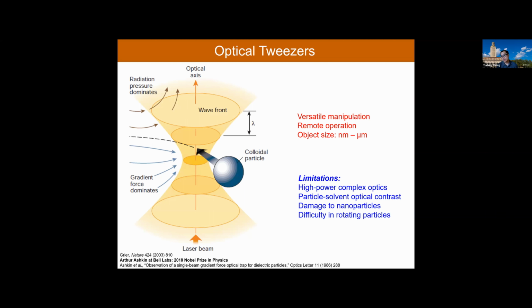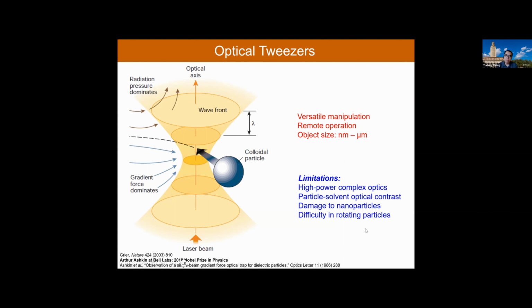Also, because of the nature of this force, the particle we are going to trap or manipulate needs a good contrast in optical properties with the surrounding media, typically a solvent for biological study. Because of the high power, it can cause damage, in particular if you go to smaller particles at the nanoscale or molecular scale, where the power needs to be even higher.